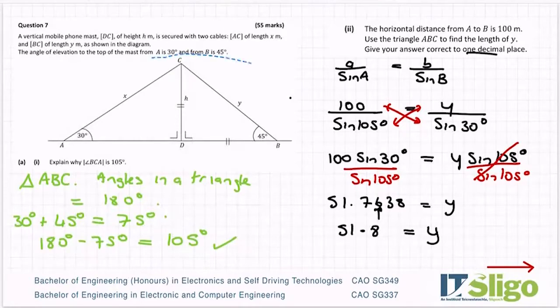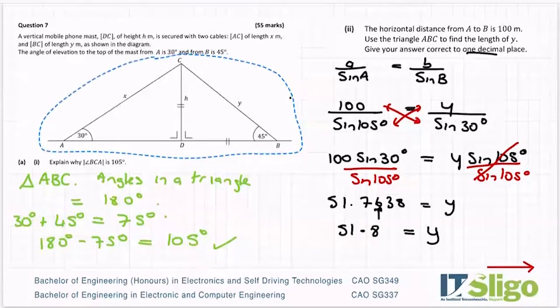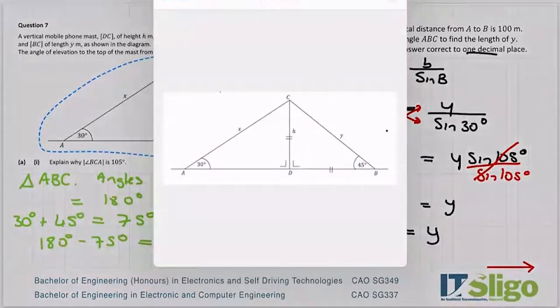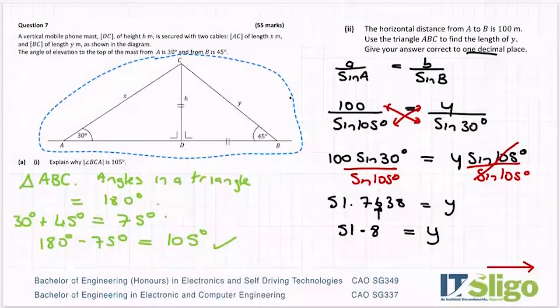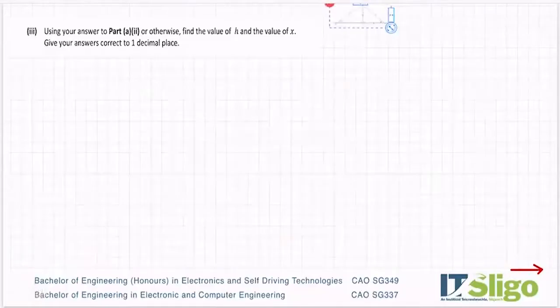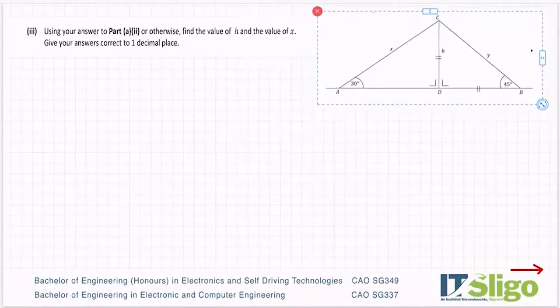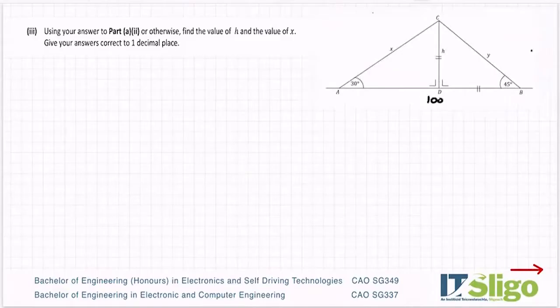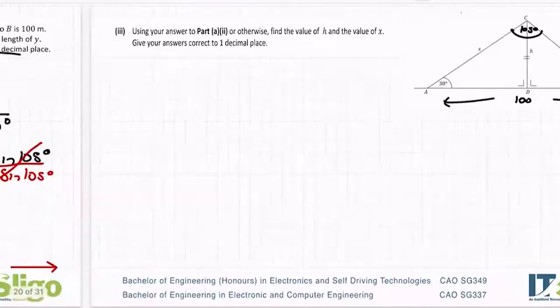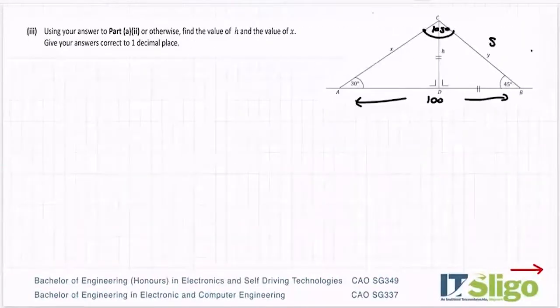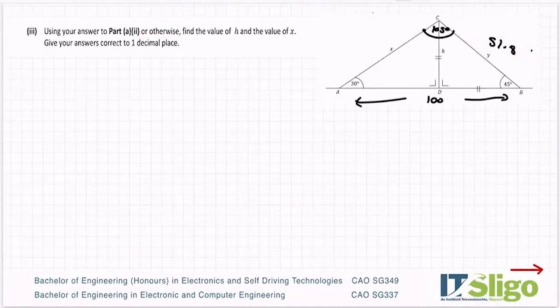And I'm going to bring it onto the other page so we have the diagram beside us. Okay, and let's fill in what we know. This was 100, this was 105 degrees up there, and this was 51.8. So it says use your answer to part A, part 2, which is the 51.8, or otherwise, so I can do it any other way, to find the value of h and the value of x.